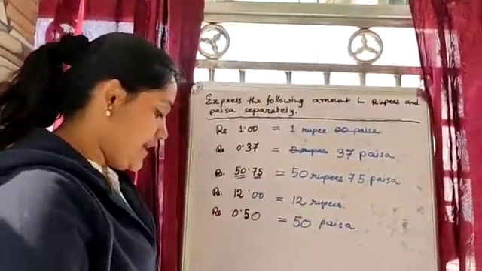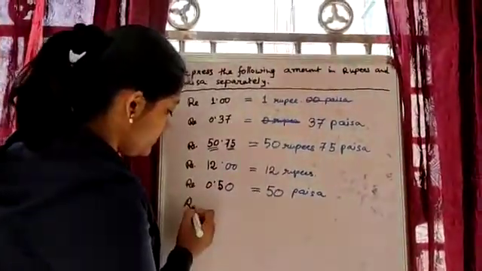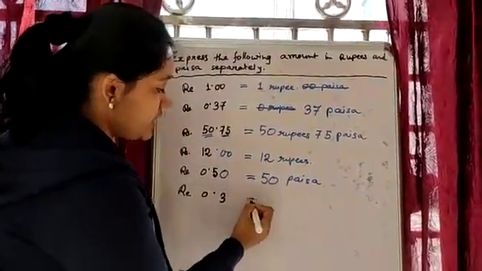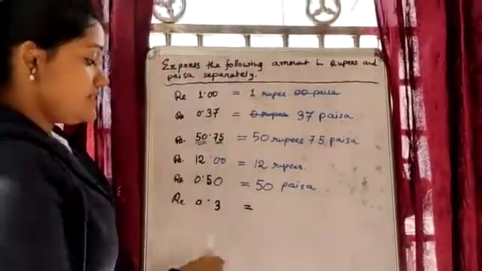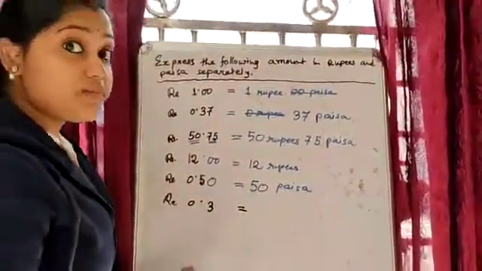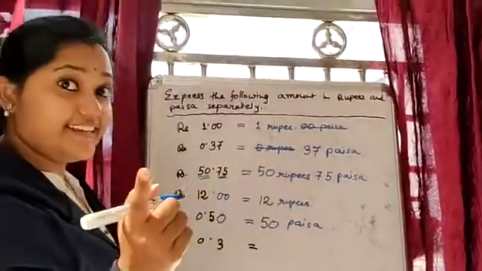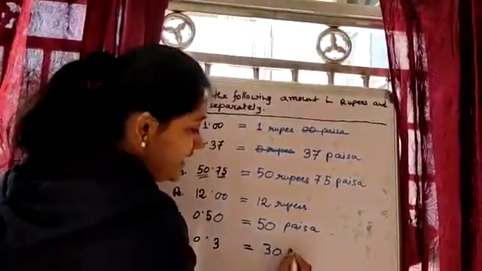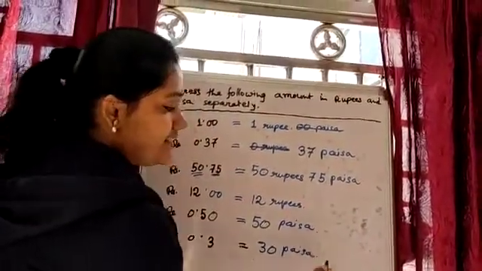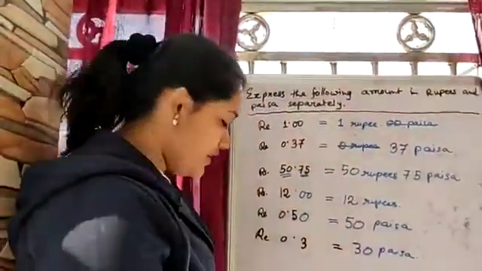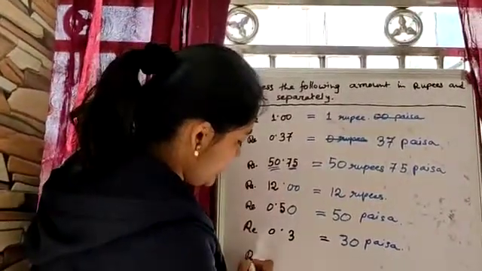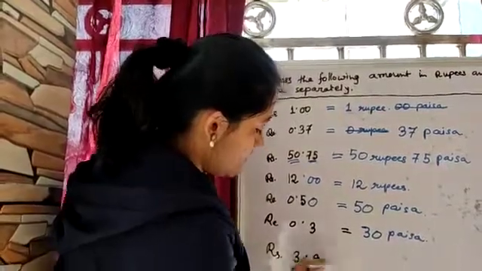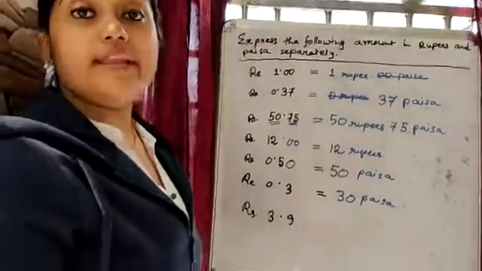Similarly, if I am asking you 0.3 rupee, how many paisa is it? Think about it. Yes, you are absolutely correct. 30 paisa. Or suppose the next example I have given is 3.9 rupees.